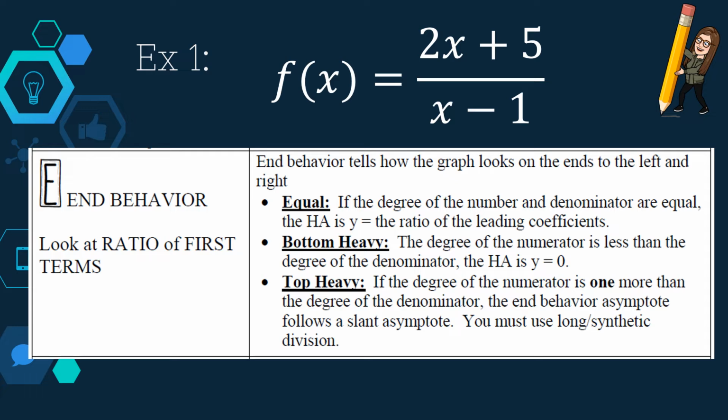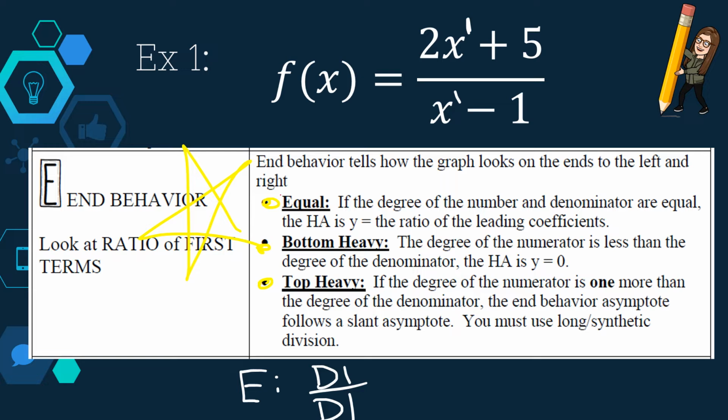End behavior, again, please put a star by this one. This is where you're going to have to memorize these 3 rules. All right. First thing we need to acknowledge, what is the degree of the numerator and the degree of the denominator? I like to make a little note. The degree of the numerator is 1 because I have a variable with an exponent of 1. The degree of the denominator is 1 because I have x to the first.